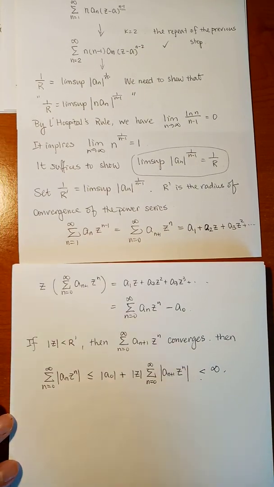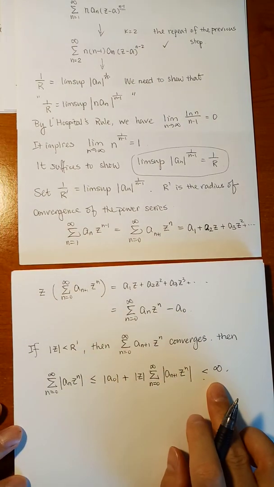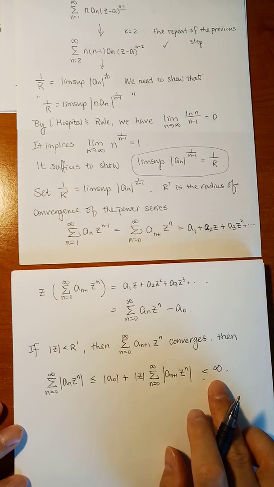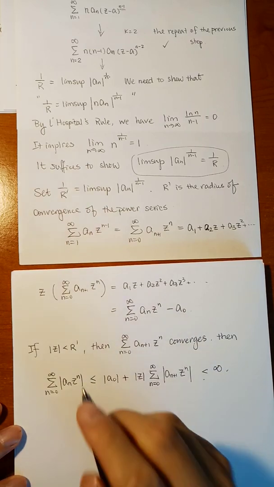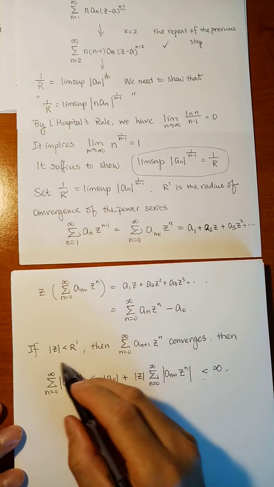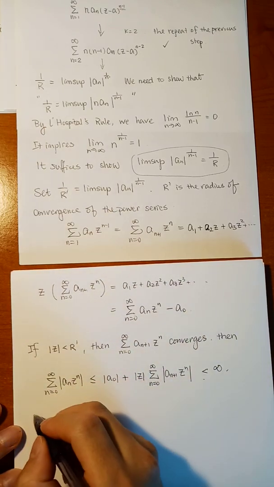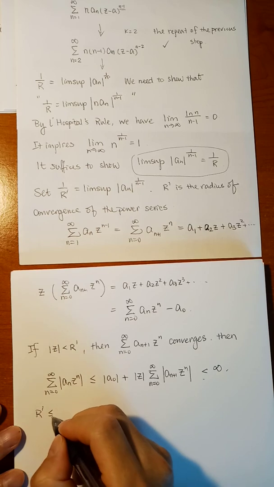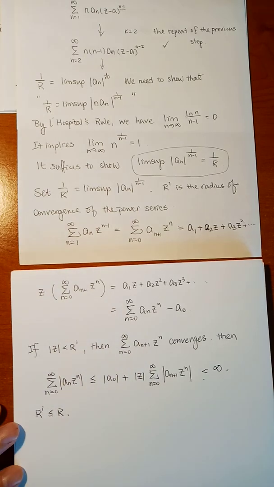It is finite, so it's uniformly convergent. So for every point whose absolute value is less than r prime, you get convergence. So r prime should be less than or equal to r.